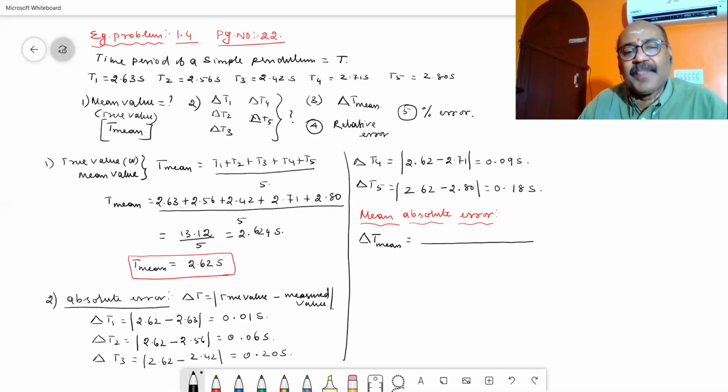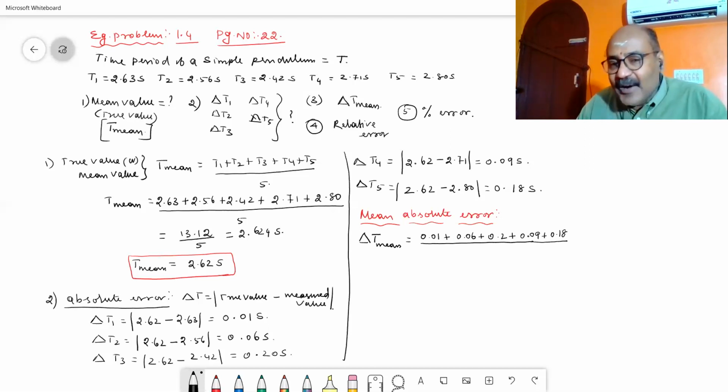What is this? The mean absolute error is 0.01 plus 0.06 plus 0.20 plus 0.09 plus 0.18. All the absolute errors I have written, we have to add and divide by the total number, that is 5.